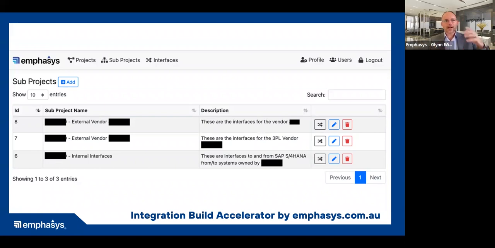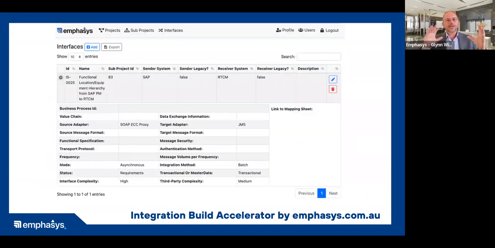And what we do is we have projects, and each vendor has a unique login to their portal, and their portal with their interfaces which are relevant for them. And each vendor only sees the interfaces relevant for them, and they are able to then look at the different attributes of the integration, as well as have the mapping sheet which is used. And we find that our developers then have access to all the portals and all the interfaces with all the vendors.